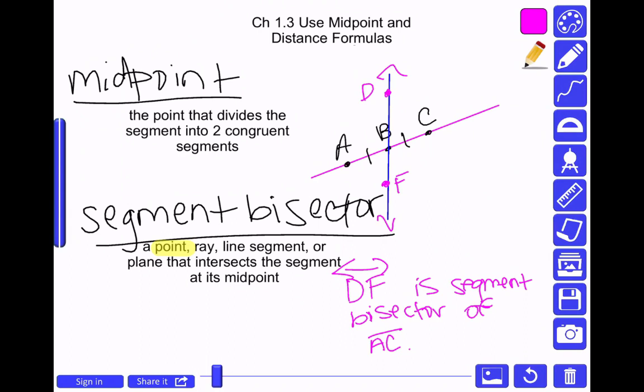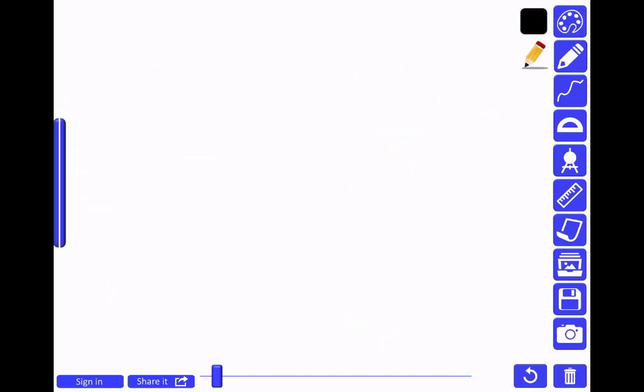That is a true statement. I could also say that segment DF is the segment bisector. So a segment can bisect another segment, or I could even make it a ray and I could call it ray BD, for instance. Or I could say ray BF. All of these are segment bisectors. They bisect segment AC.